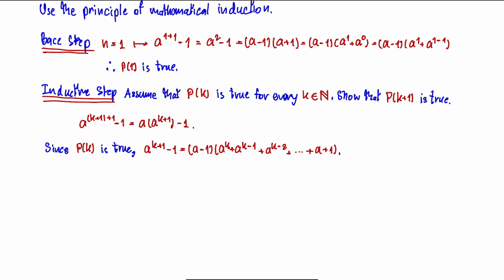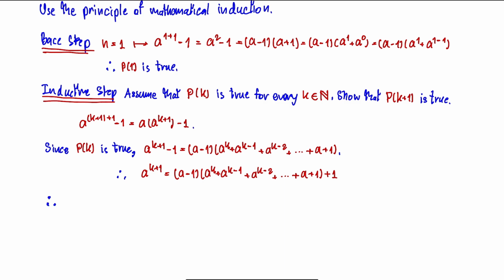So we've got a to the k plus 1 equal to this term, n plus 1, right here. All right, then what do we have?